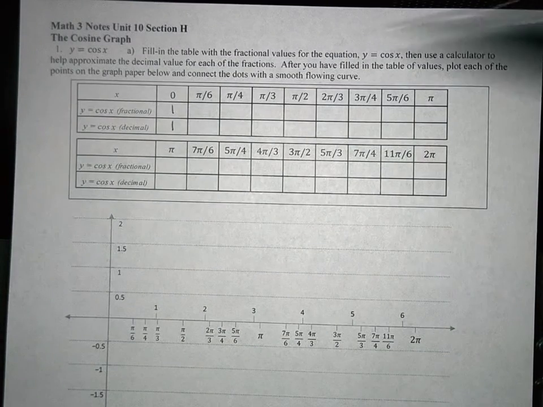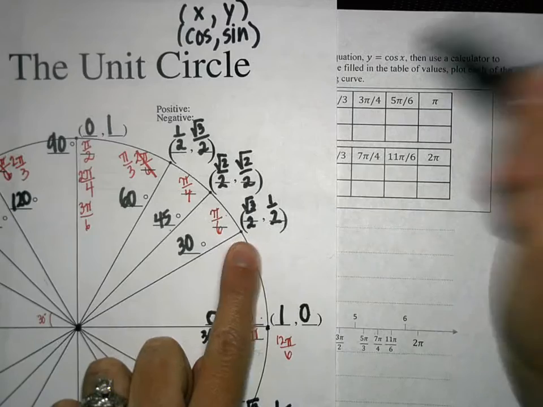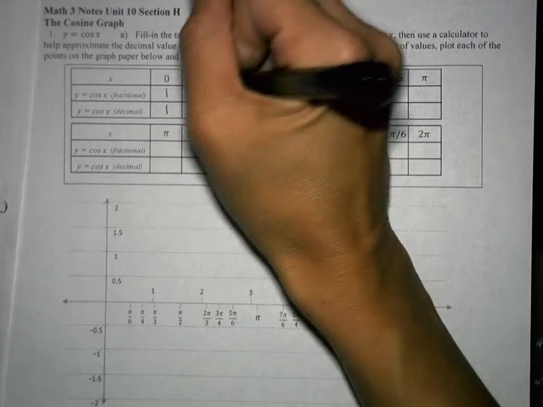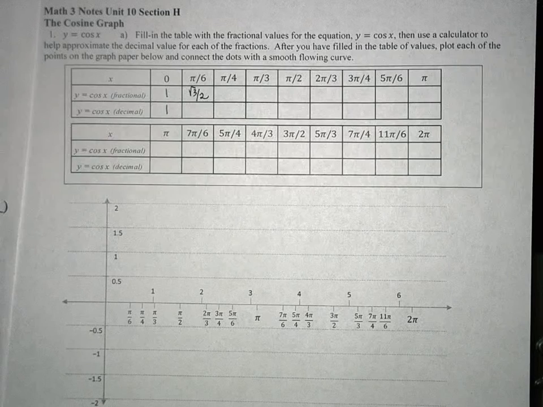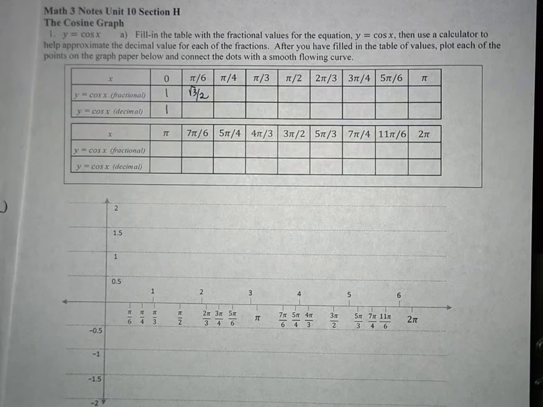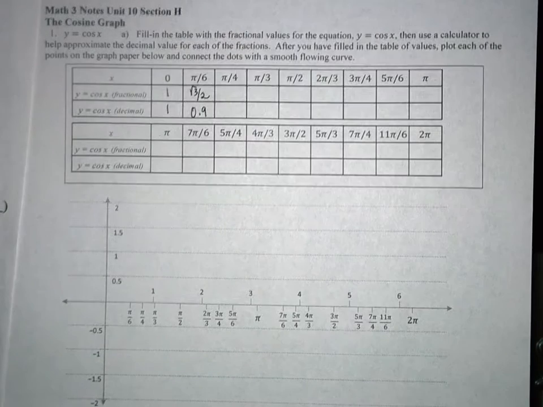Okay, pi over 6, our cosine value is root 3 over 2. And when we put that into our calculator, it equals 0.9. Good. So we have 0.9.